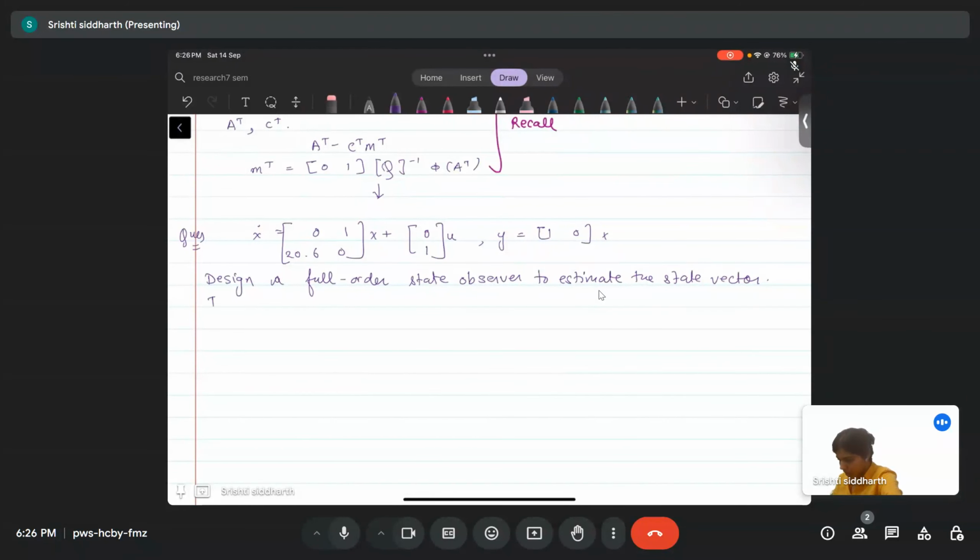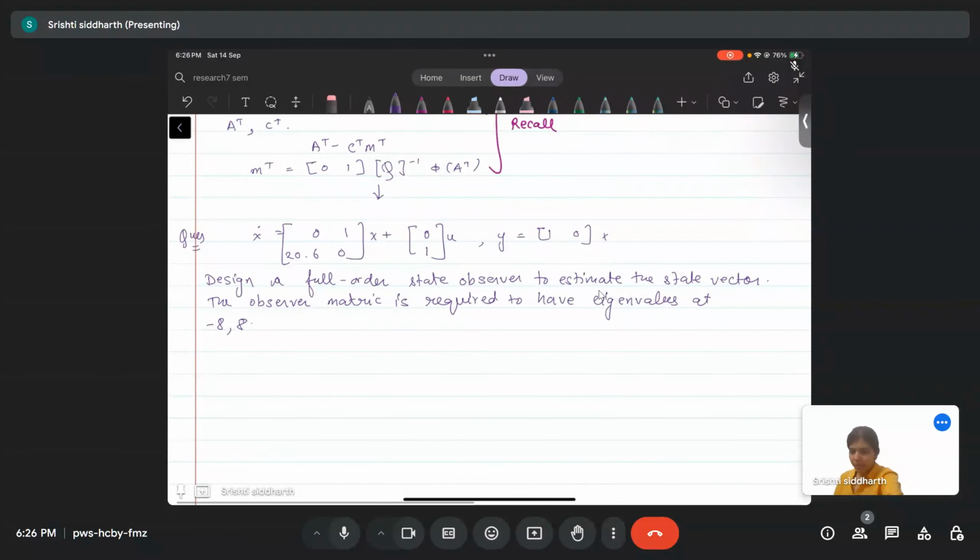The observer matrix is required to have eigenvalues at, so there are double eigenvalues at -8.